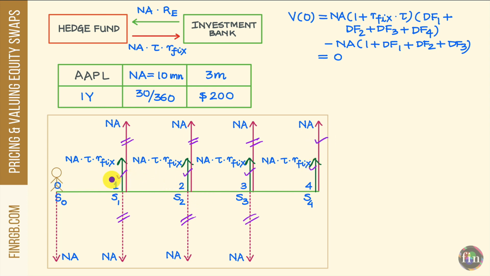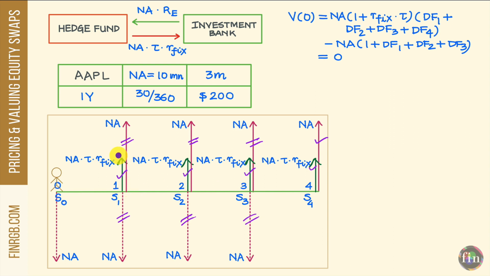If you were to look closely at these cash inflows, they can be thought of as the inflows which come from a hypothetical long position in a fixed coupon bond whose maturity is equal to the maturity of my equity swap, whose periodicity of coupons is the same as the periodicity of exchanges in this equity swap, whose coupon is equal to the fixed rate of my equity swap, and whose face value is equal to the notional amount of my equity swap.